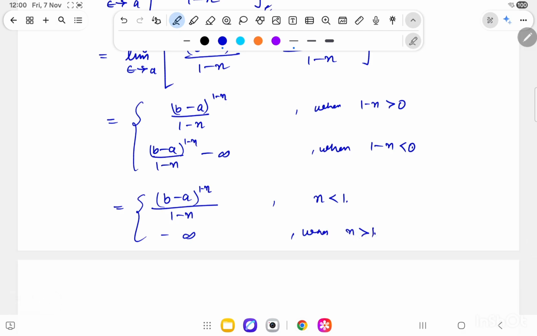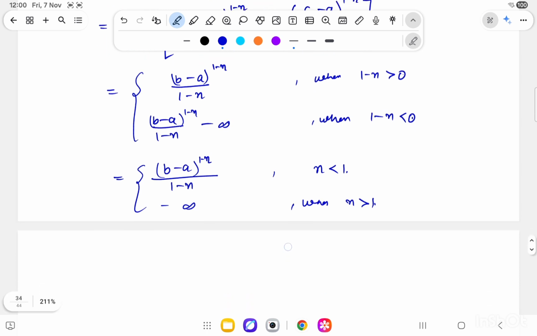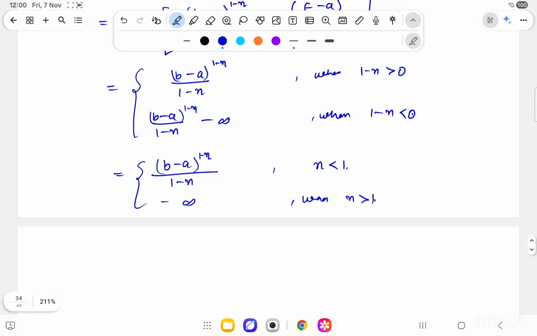So from here we got that our integral I is convergent when n is less than 1. Also, this doesn't comment on when n is equal to 1.